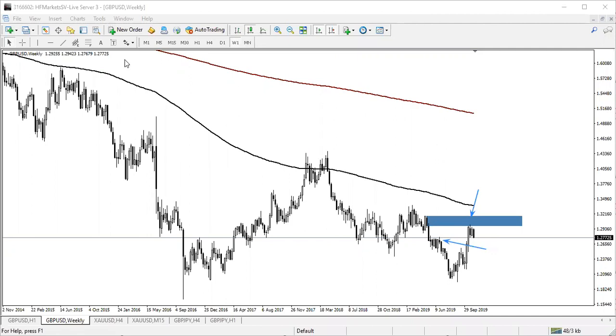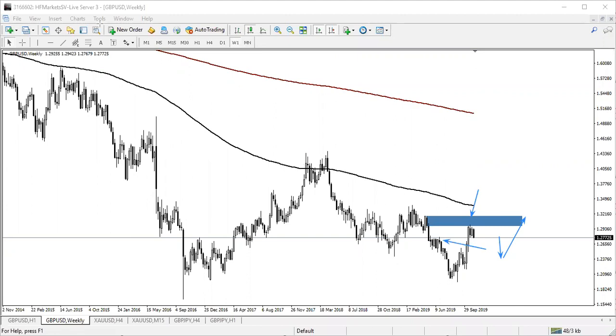So we are expecting a little push to the downside, then a correction to the upside.